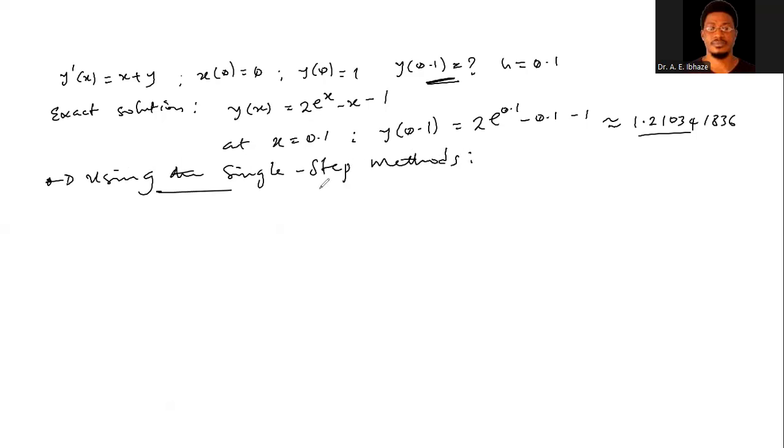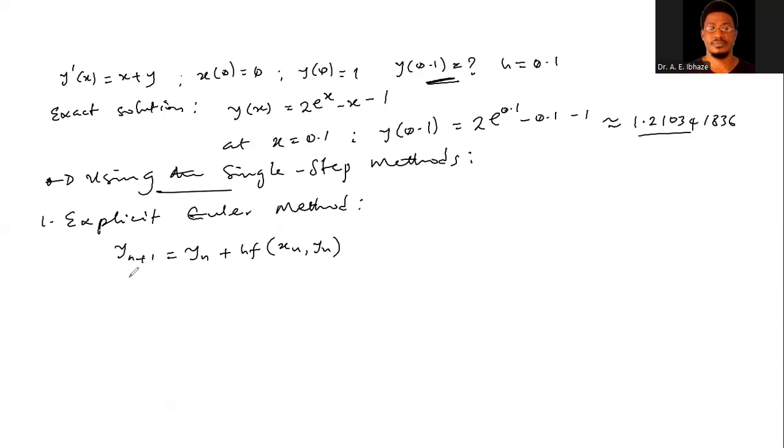So we start with the simplest, which is the explicit Euler method. And you recall the formula being y_(n+1) being the same as y_n plus h f of x_n, y_n.